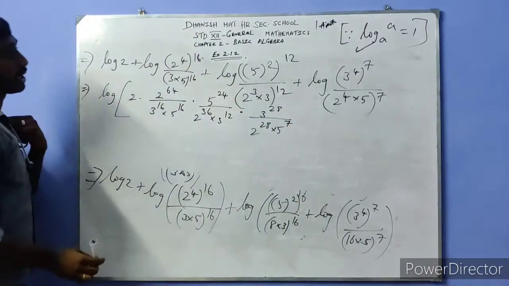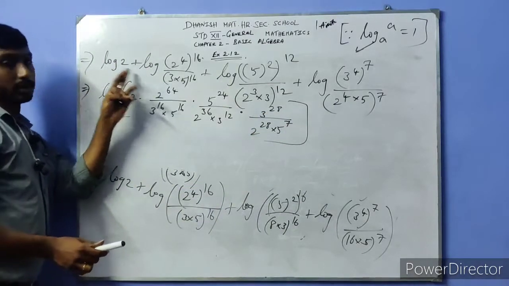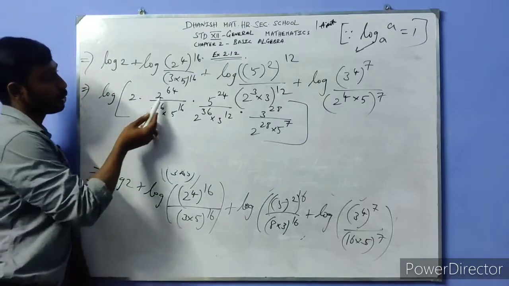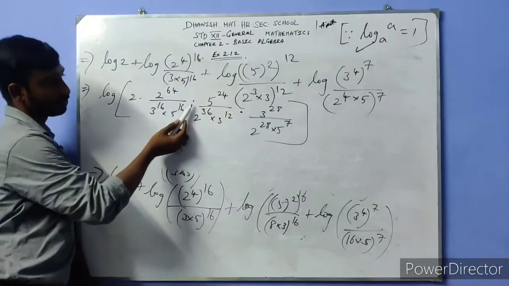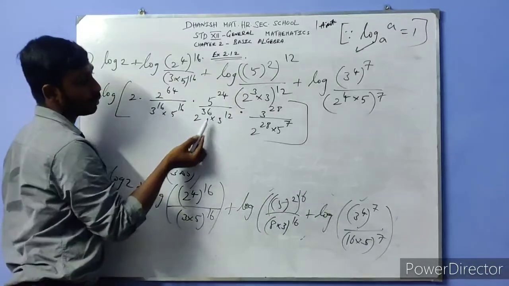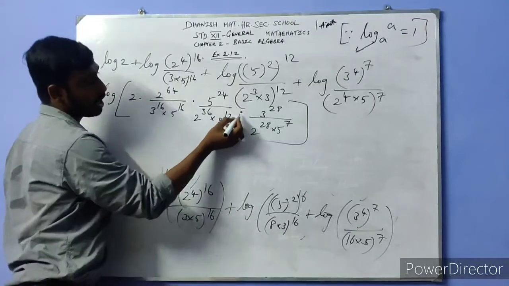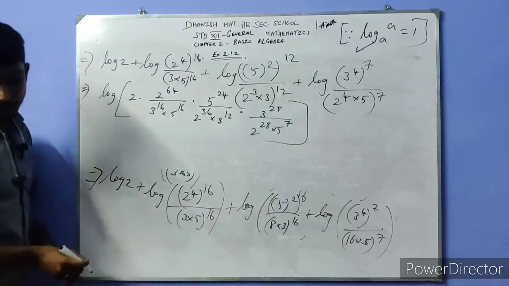So what values are we getting here? Now I am taking log commonly from this equation using this product rule method. 2 into 2 power of 64 divided by 3 power of 16, 5 power of 16 into 5 power of 24 divided by 2 power of 36 into 3 power of 12 into 3 power of 28 divided by 2 power of 28 into 5 power of 7.